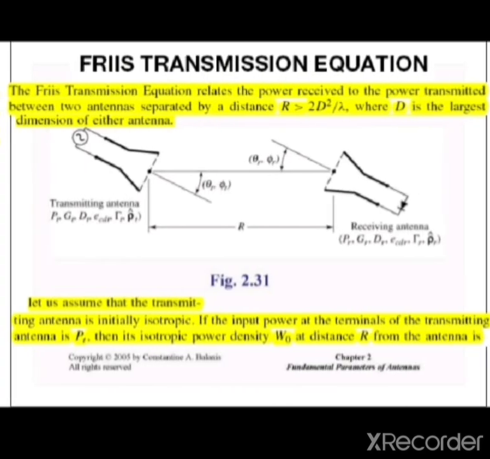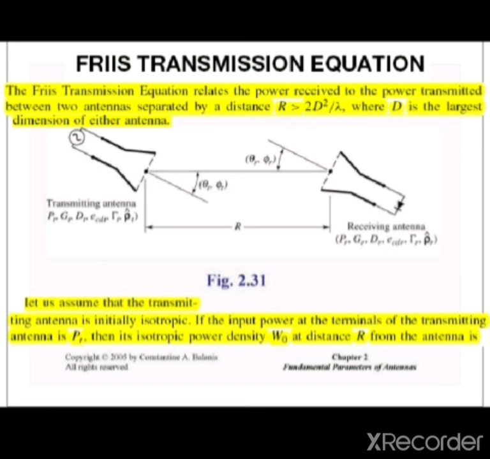So now we are coming to the Friis transmission equation. This is the communication link. How are we going to take it into account? It is just like this. The two antennas are fixed at some certain distance, say kilometers or whatever it may be. Then you take it in a similar way.